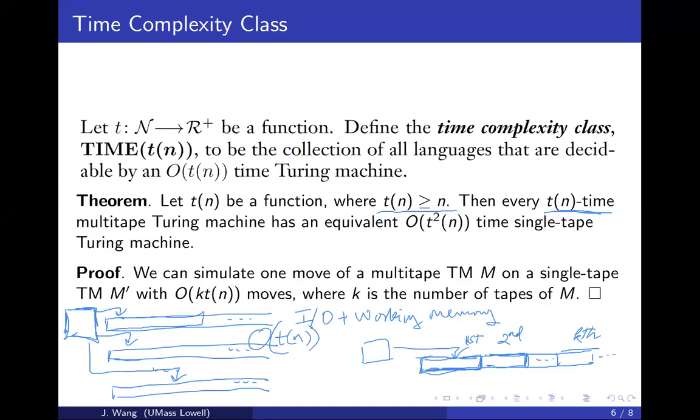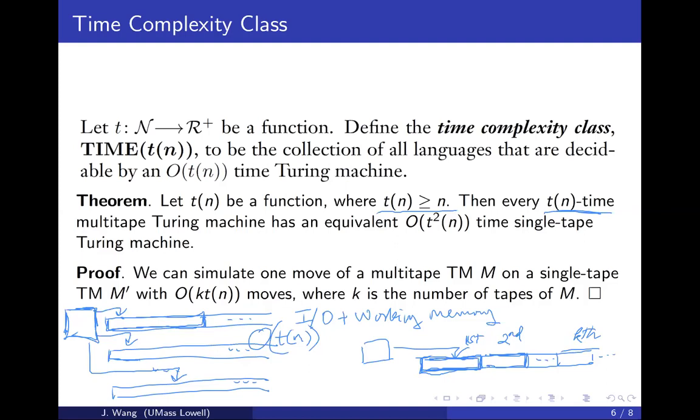So for each tape, the number of memory cells you're going to use will be less than t of n, because the runtime needs to read these tape symbols. Anything that's useful to carry out this computation will be the content that you need to put in here. So that is bounded above by t of n.